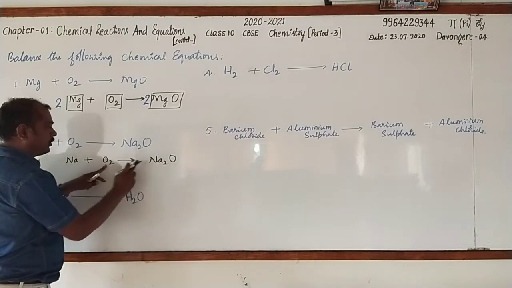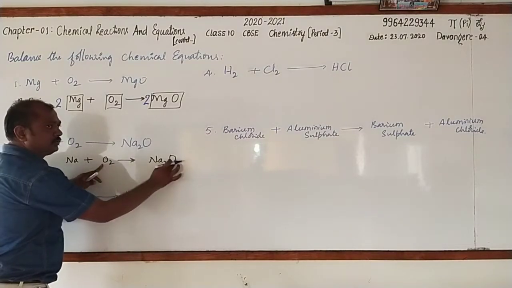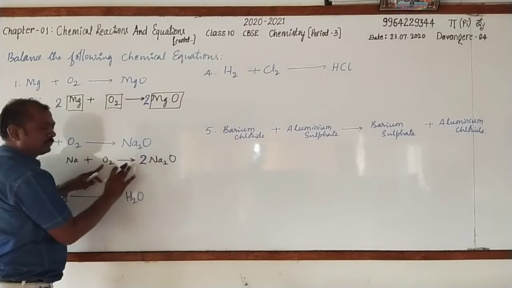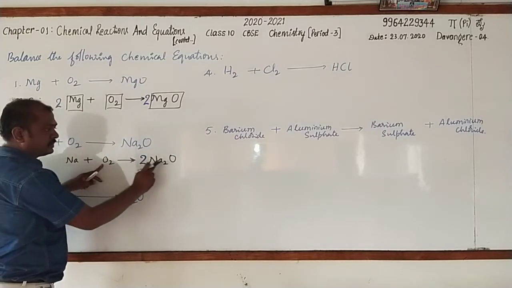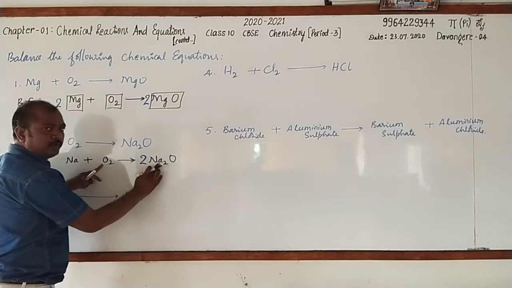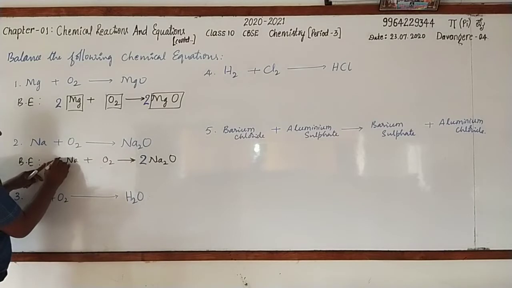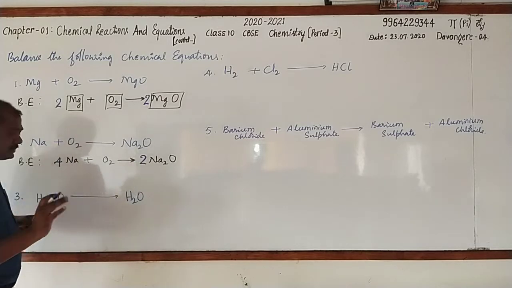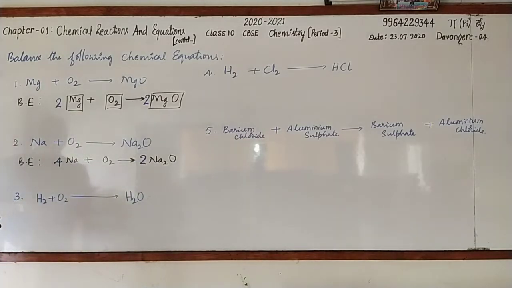Here oxygen 1, here is 2. To balance oxygen, I will multiply by 2. Clear? 2 atoms of oxygen, 2 atoms of oxygen. But what about sodium? 2 twos are 4, so we have to multiply here by 4. See that? 4 atoms of sodium. Got it? Next. Third one.